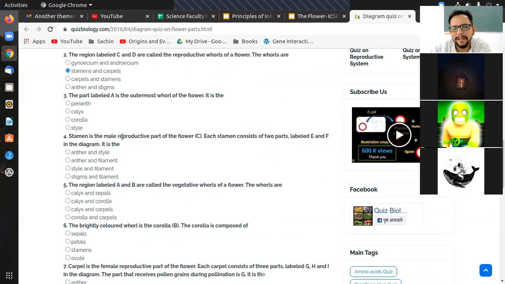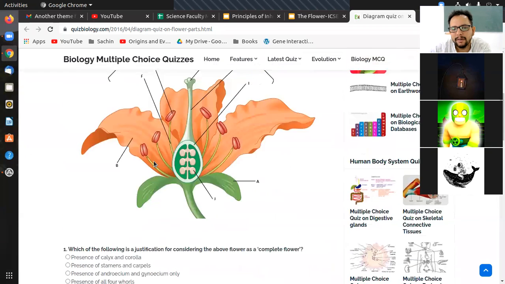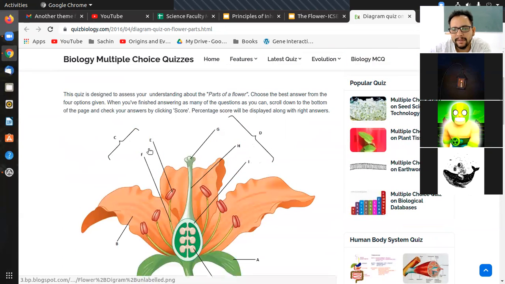Then fourth one: stamen is the male reproductive part of the flower, labeled C. Each stamen consists of two parts, labeled as E and F in the diagram. Now what is it? E and F. Anther and filament.